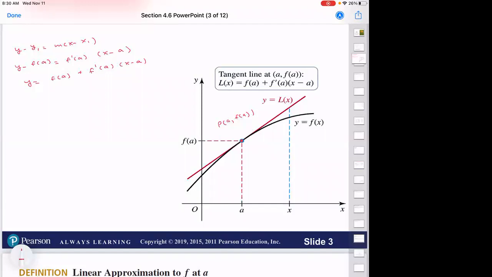So we use the letter L for linear approximation.